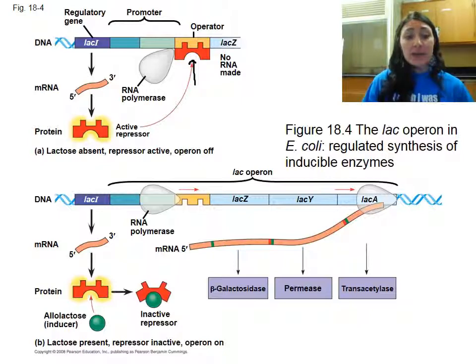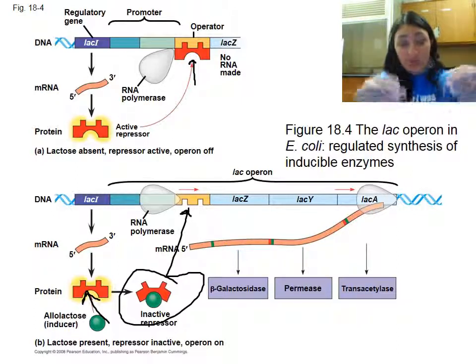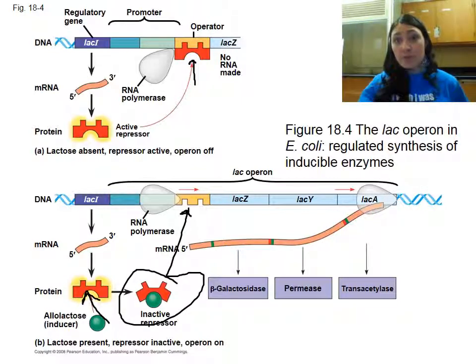If you get allolactose, which means you have lactose present, that allolactose binds with your repressor and it changes the shape. This shape can no longer interact with your operator, meaning now we've unbound from the operator. Polymerase can move right through there. It turns the gene on, it turns the repressor off.